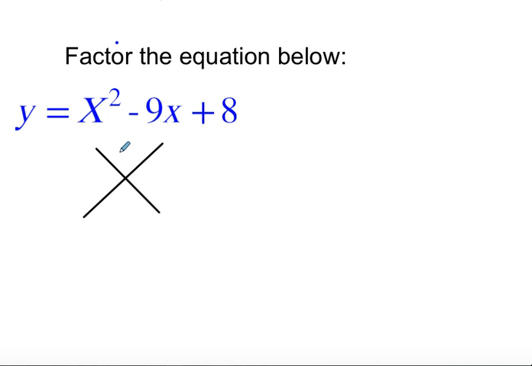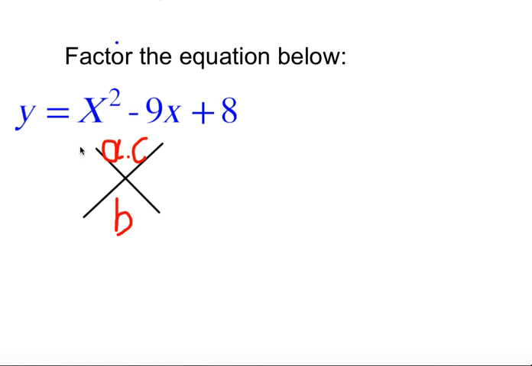After that, on the top of the x, you're going to write the multiplication of a and c. A multiplied by c goes on the top, and b goes on the bottom.